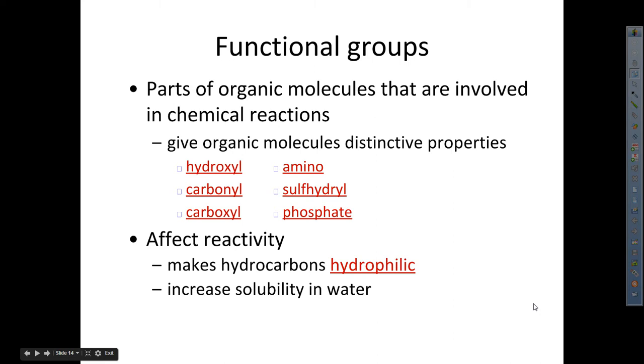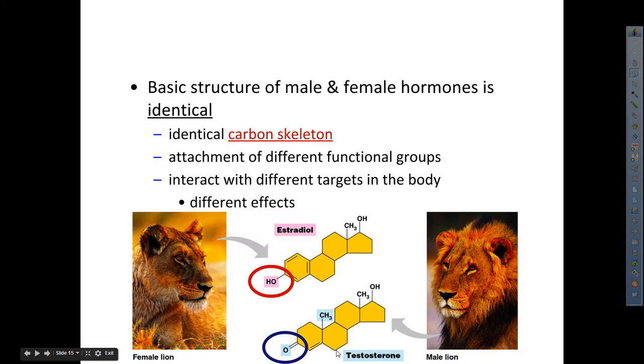Just for an example of how a functional group can affect a molecule, here we have an OH group, that hydroxyl group, versus just a double bonded O. This difference is what makes testosterone different from estrogen, and so they have very, very different impacts on the body. Just a few different things can completely change around how this molecule works.